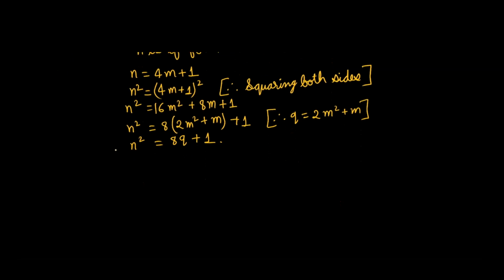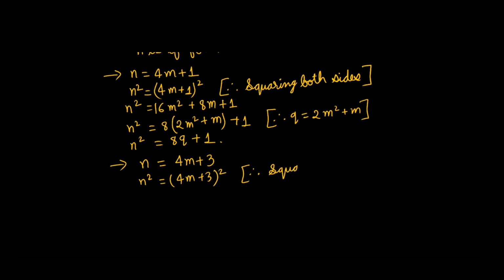So we will again take n is equal to 4m plus 3. So squaring both sides, 4m plus 3 whole square.